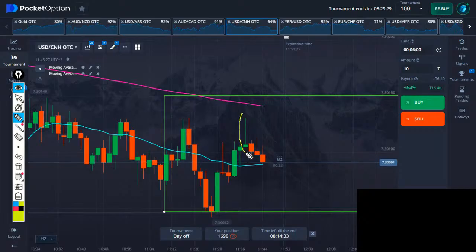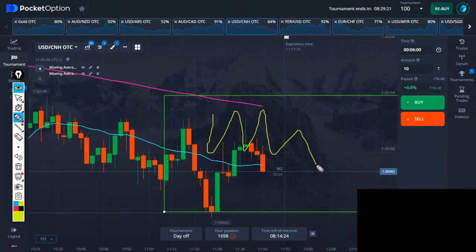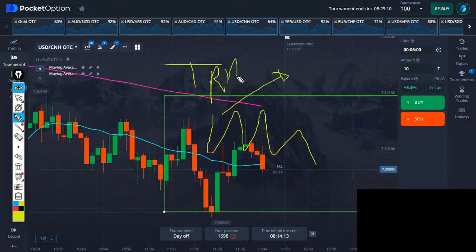Look at this. 90% follow through rate. However, I do not take trades between the moving averages. This is called the trap zone. Trap zone. Don't trade here.